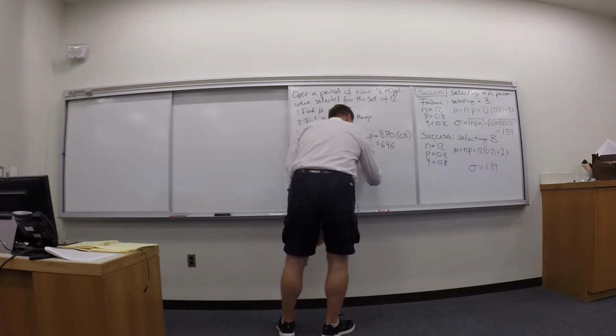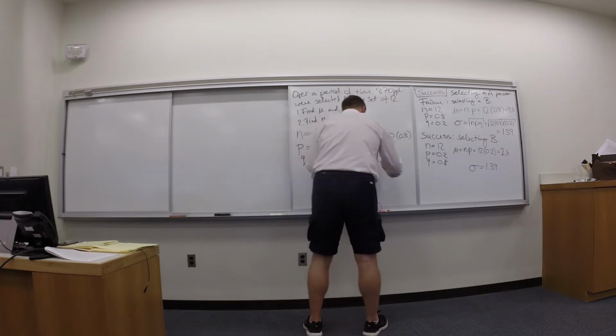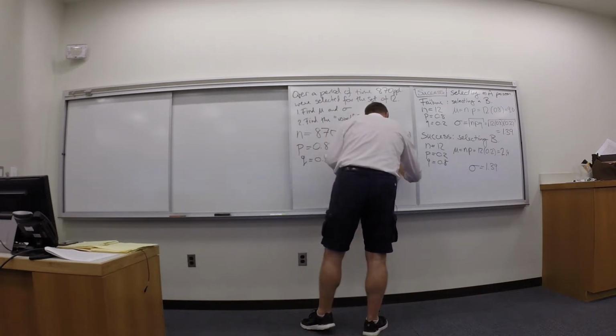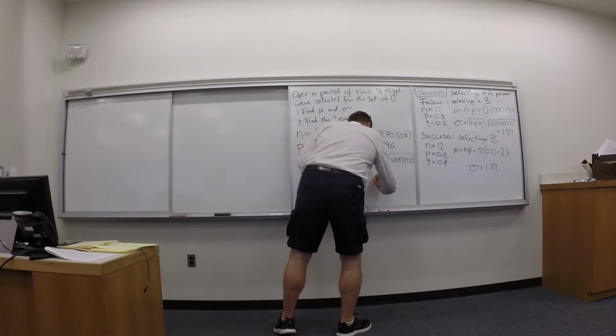Standard deviation is NPQ square rooted, which comes out to be 870 times 0.8 times 0.2 square root, which means that our standard deviation comes out to be 11.8.